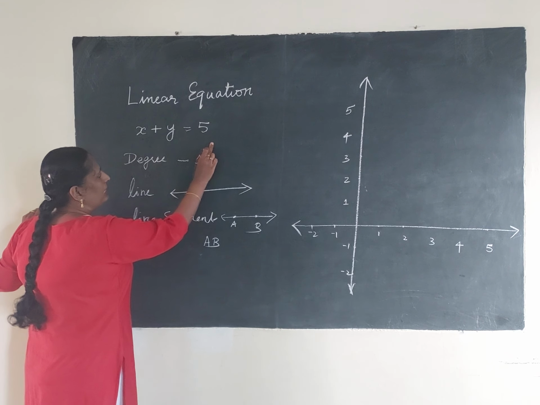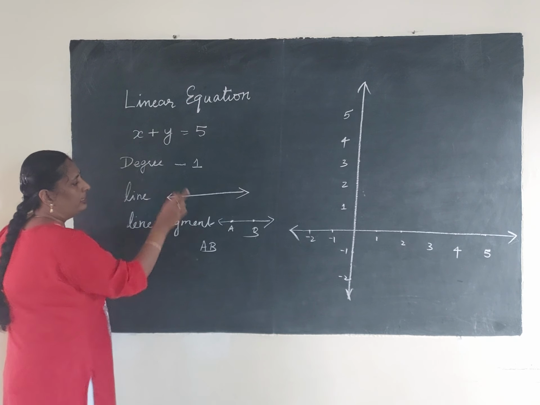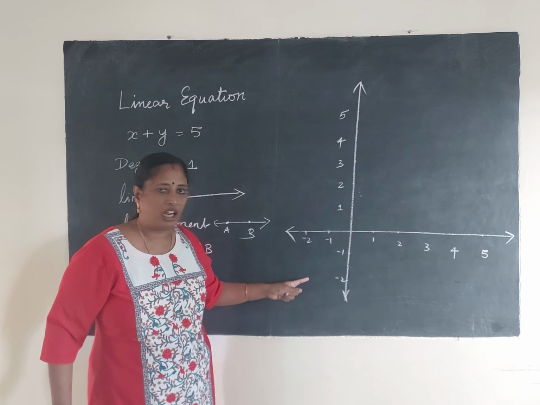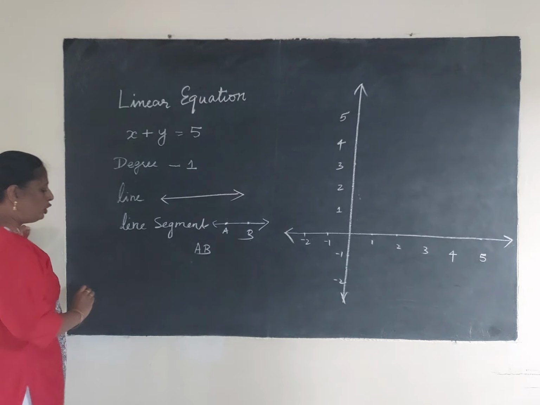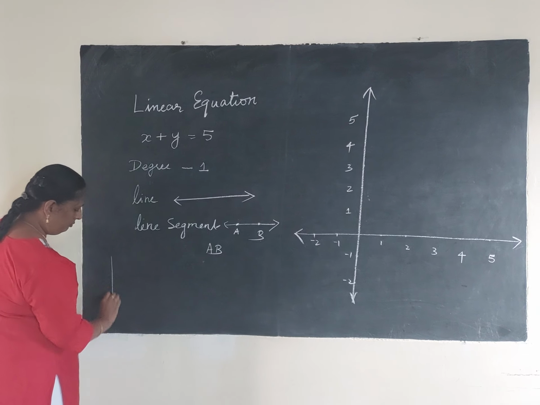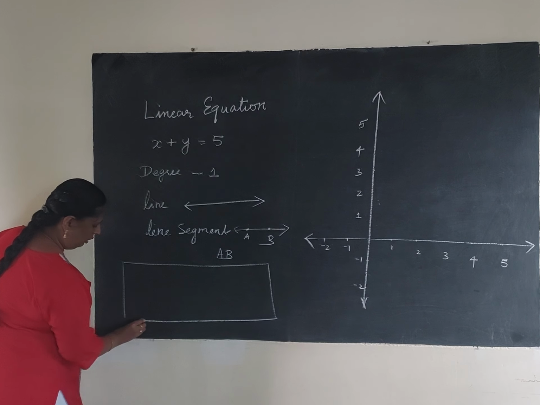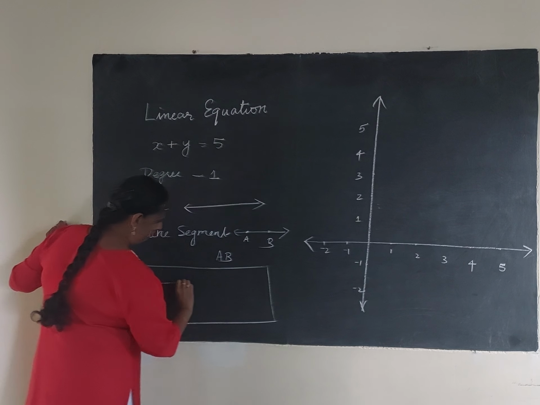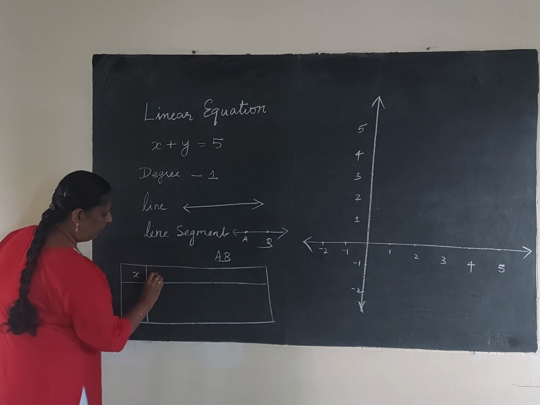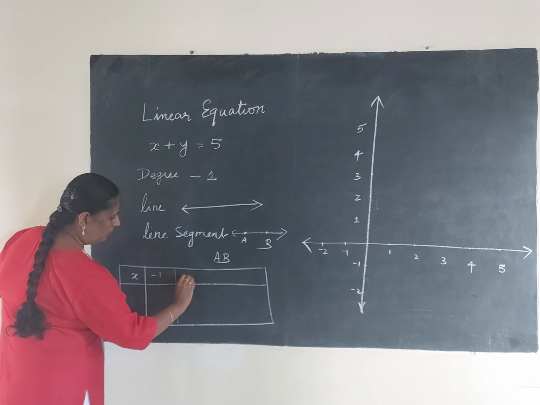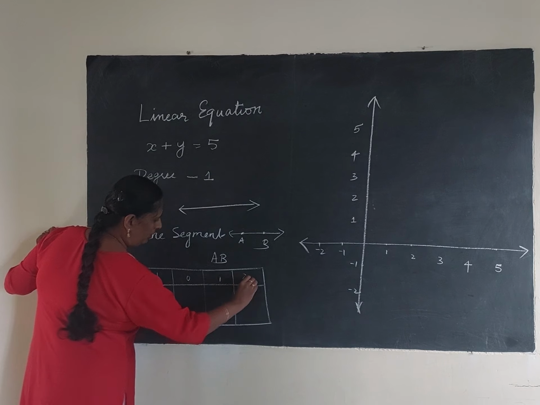Yes, come back to the line. So, if you plot this equation x plus y equal to 5 in a graph, you will get a straight line. How to plot this equation? We take some values of x and find the value of y. So let us take the values of x as minus 1, 0, 1 and 2.